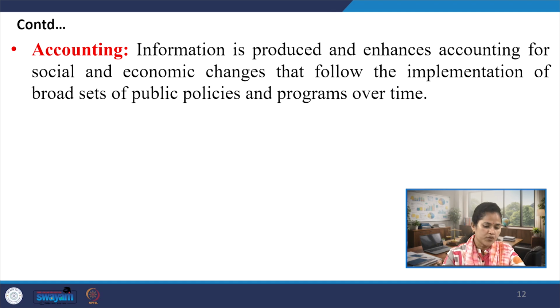Generally we use accounting in the financial transaction context, which is why we have to follow a systematic procedure for financial transactions. Some common examples of accounting are cash flow statements.